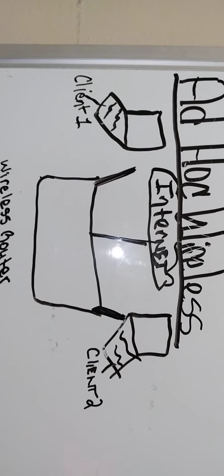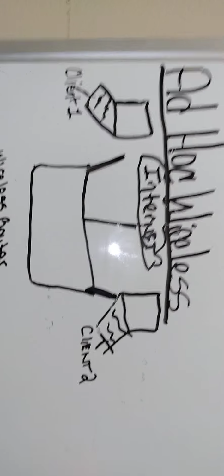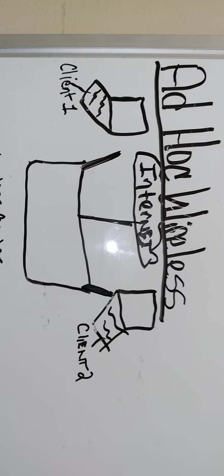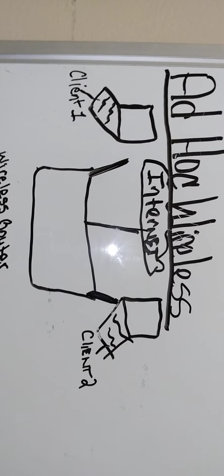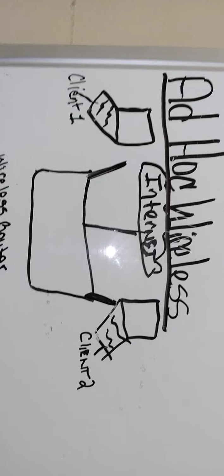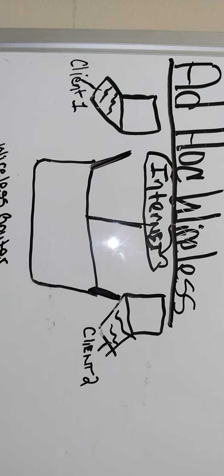So it's a SOHO, that's what they call it. And that's just called an infrastructure wireless LAN because the device we are communicating with is basically hardwired into the network infrastructure.